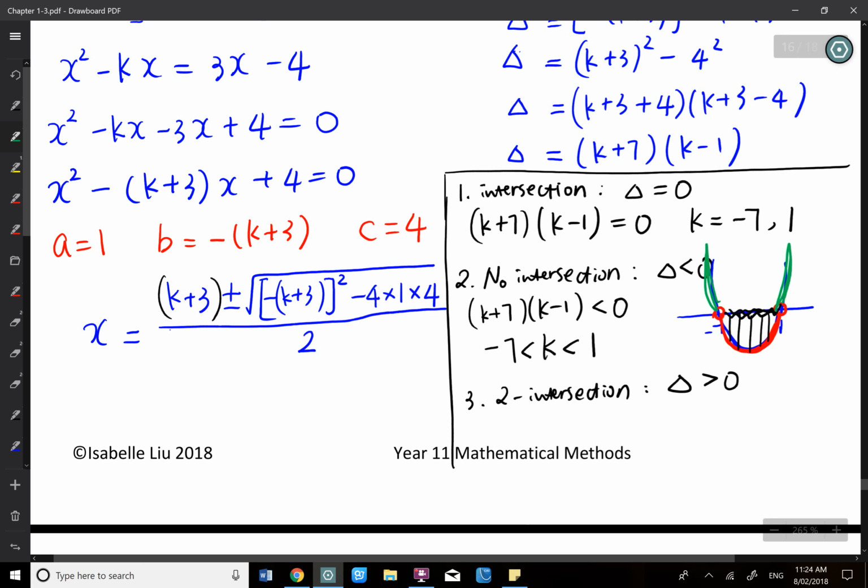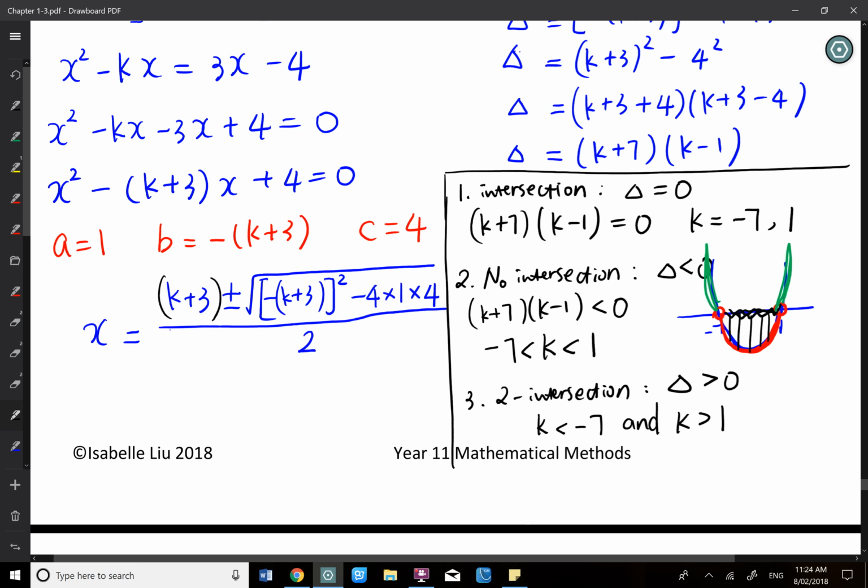So it's the left-hand side of negative 7 and the right-hand side of 1, and they will all be correct answers. So you will say k less than negative 7 and k greater than 1. We can take both parts.